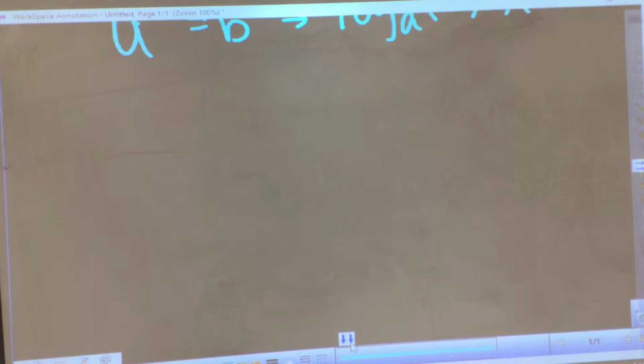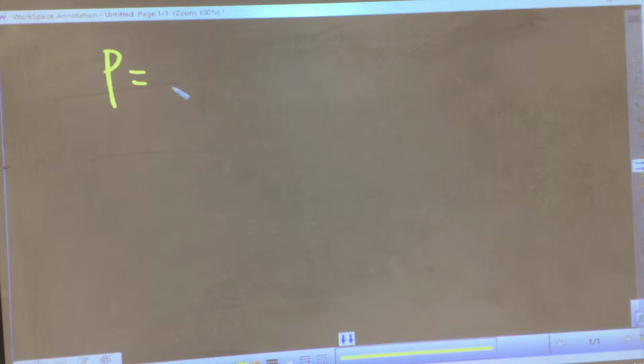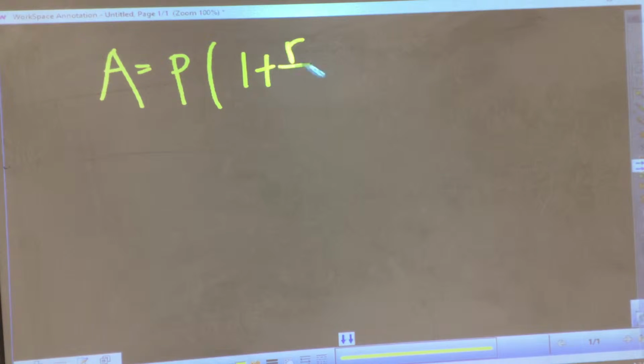Okay, so the last time we met, we looked at the compounded interest formula, 1 plus r over n to the nt. So the log can help us figure out what time it takes to get a certain amount of money.